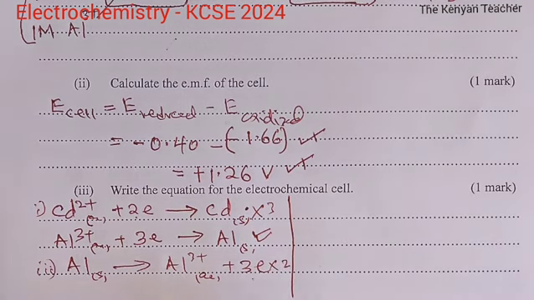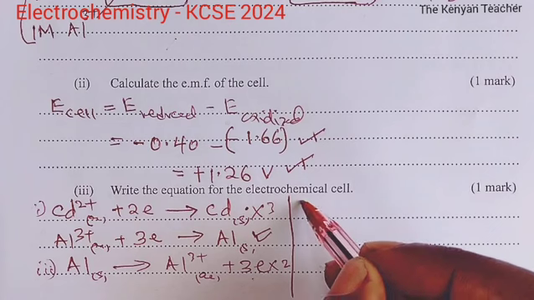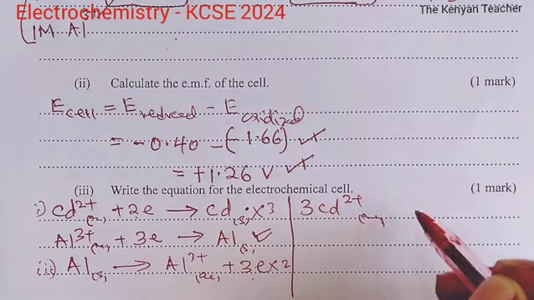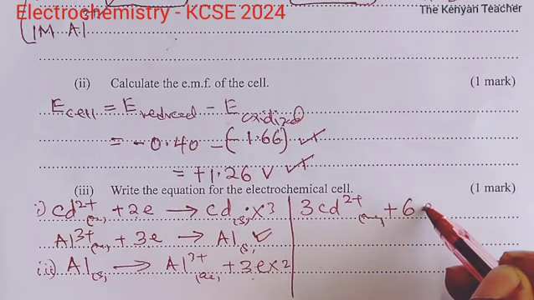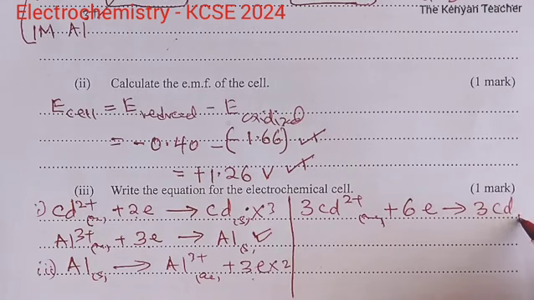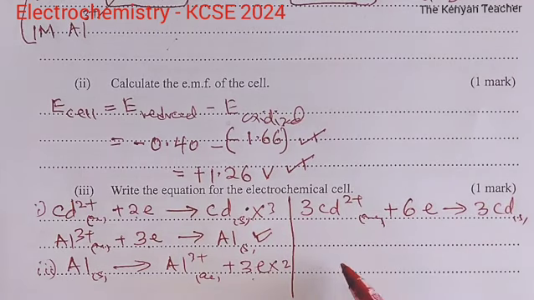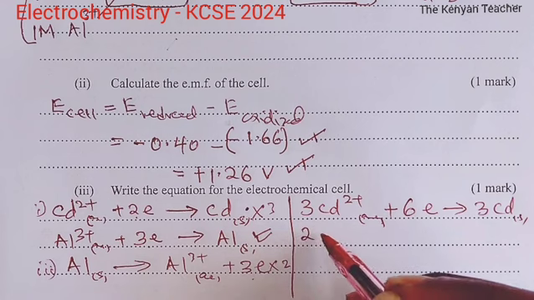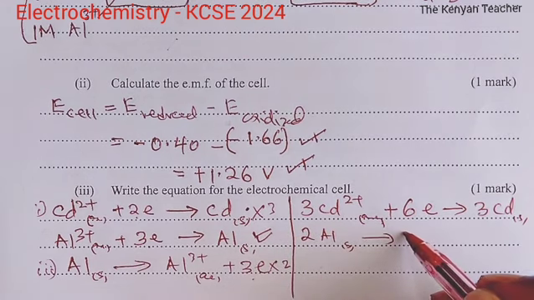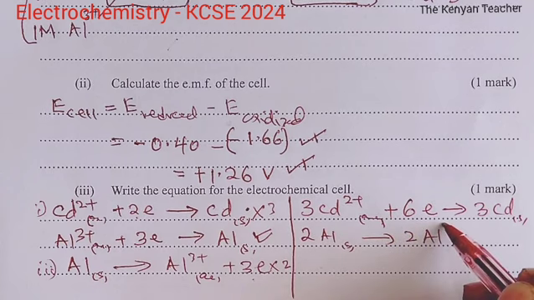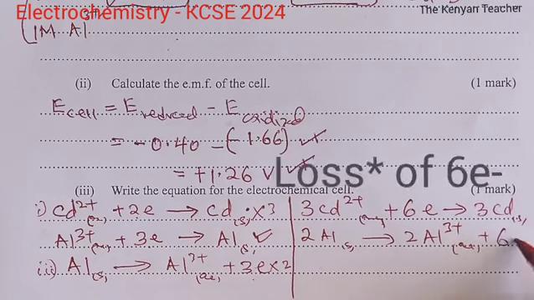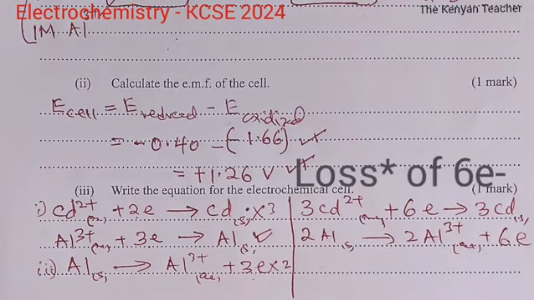So if we do so, equation 1 now becomes 3 moles of cadmium ions accepting 6 moles of electrons to give 3 moles of cadmium. Equation 3 will be 2 moles of aluminium forming 2 moles of aluminium ions through acceptance of 6 moles of electrons.